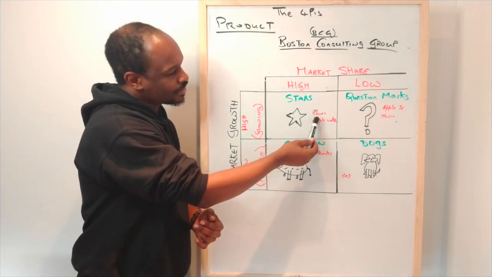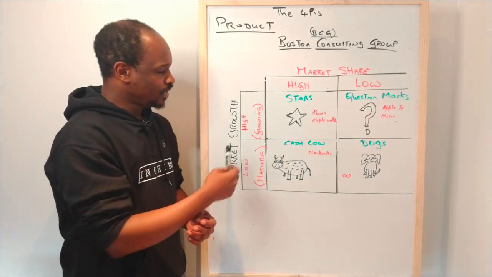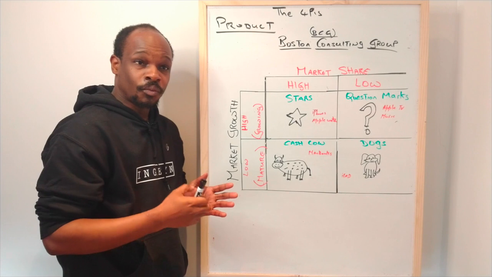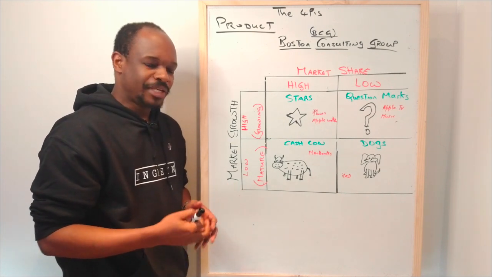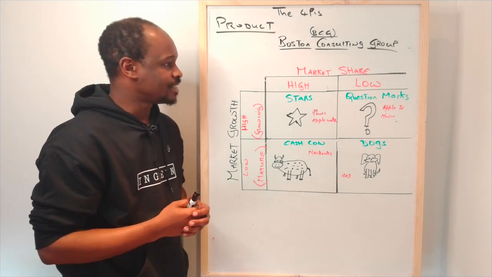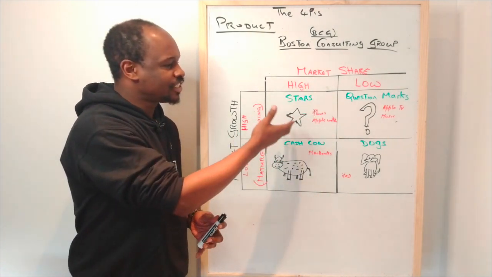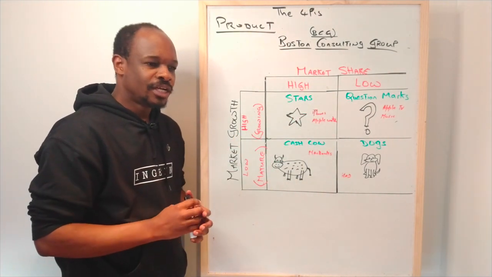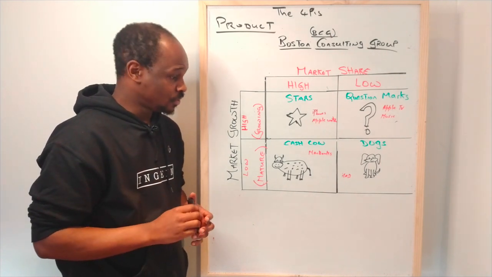So when we look at iPhones and the Apple Watch, we can say that they are in a market where there is high growth. People are getting more phones, people want more smart watches, and for Apple we could say they have high market share because people prefer iPhones rather than Android phones.